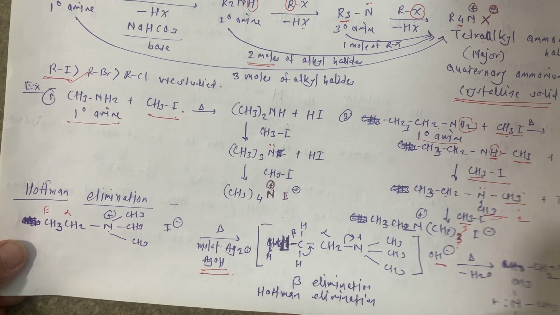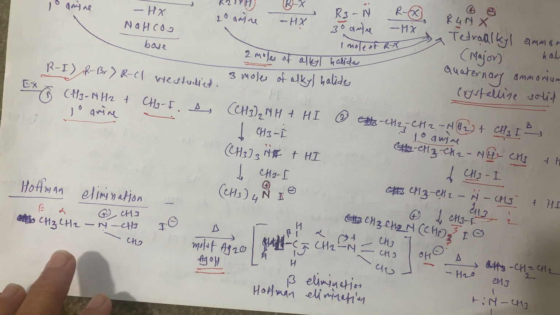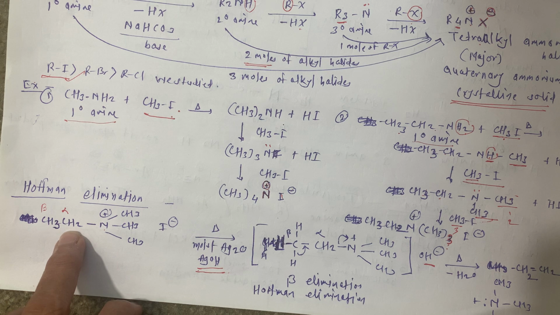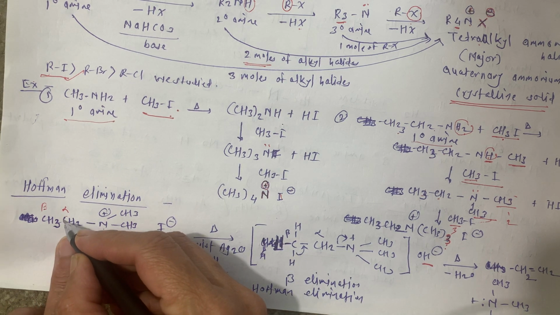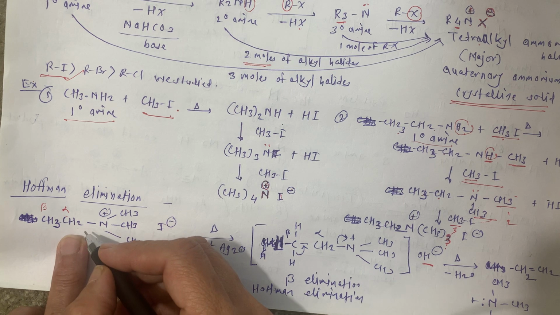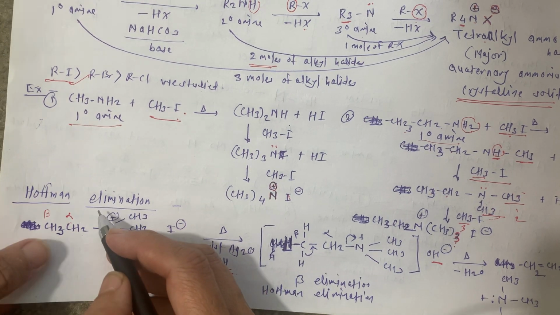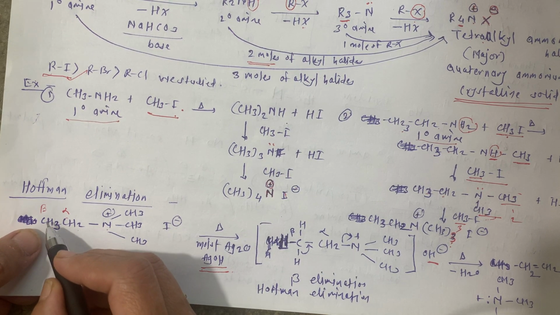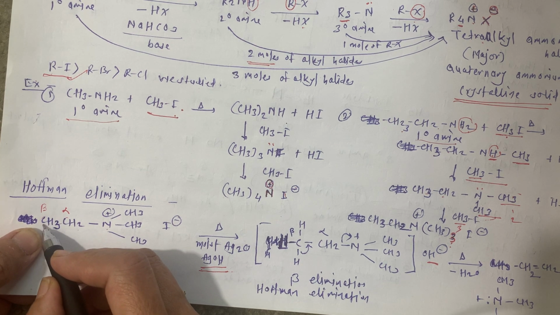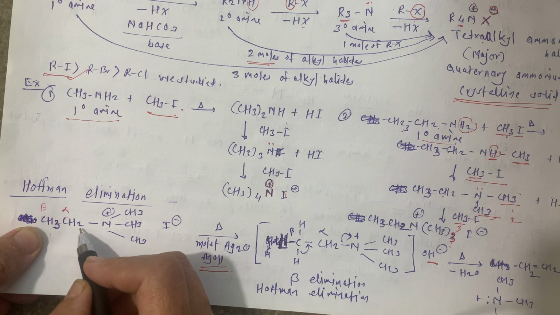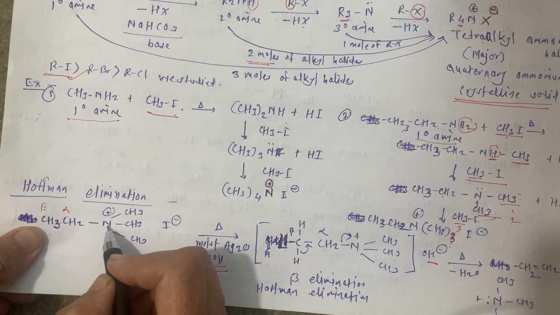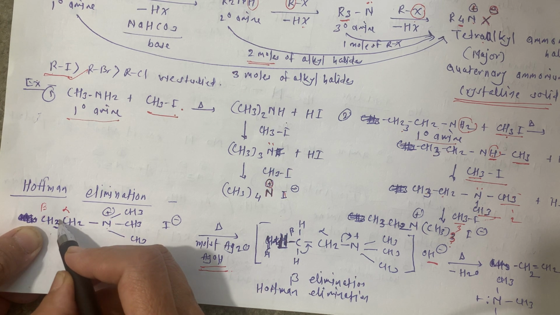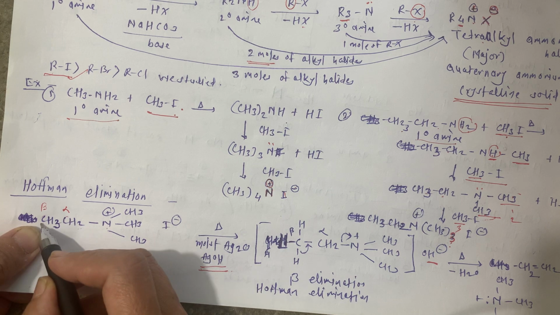The very interesting thing is that in Zaitsev elimination, elimination takes place from the carbon which is highly substituted. But in Hofmann elimination, which is the reverse of Zaitsev elimination, this is very important, elimination takes place from the carbon which is least substituted. This is highly substituted because here it is C, here it is N, and only 2 hydrogens here, while to this carbon 1 carbon is attached and the remaining are 3. So this is least substituted if you compare these two.